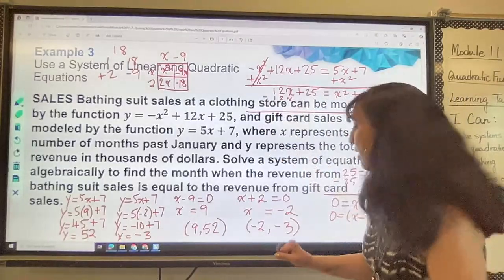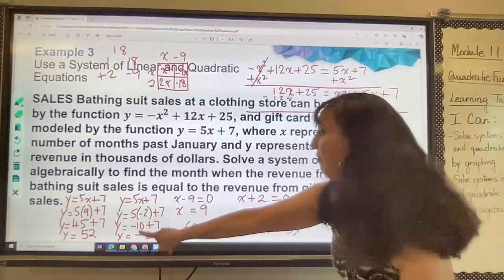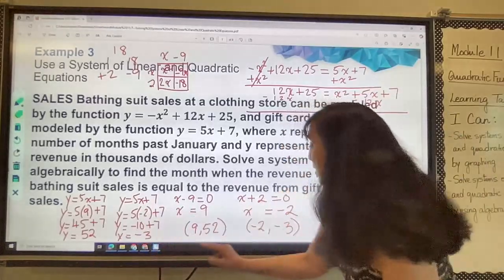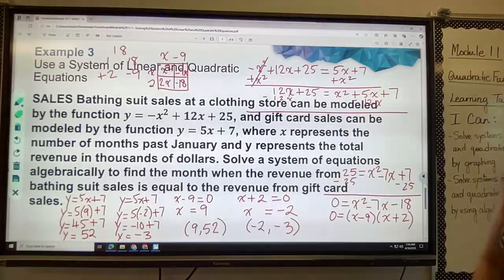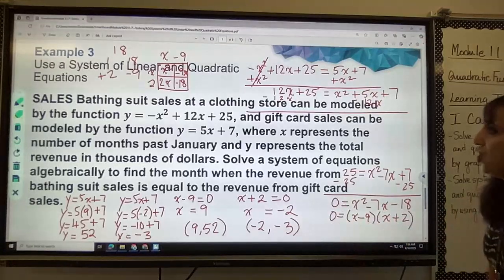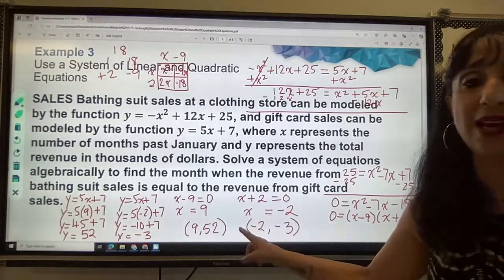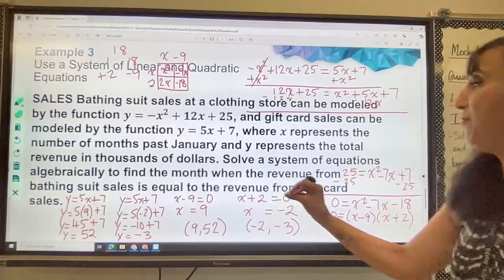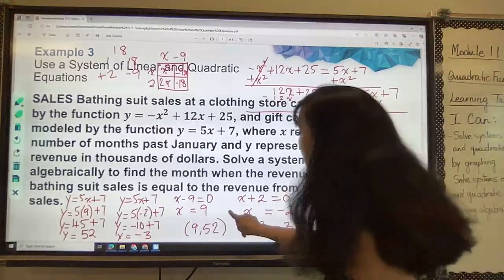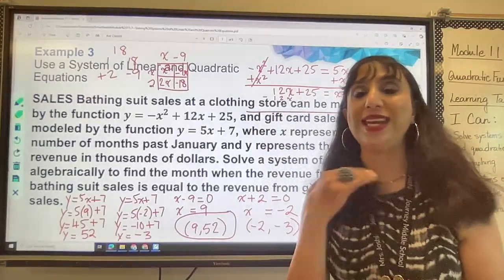But still, I went ahead and solved it, and if I do 5x plus 7, I get y is equal to negative 3. Okay, so let's talk about why I'm saying only positive values for this situation. But this is how the calculations are done, and as I already said, we have 9, 52. That is my solution where my graph is going to intersect.